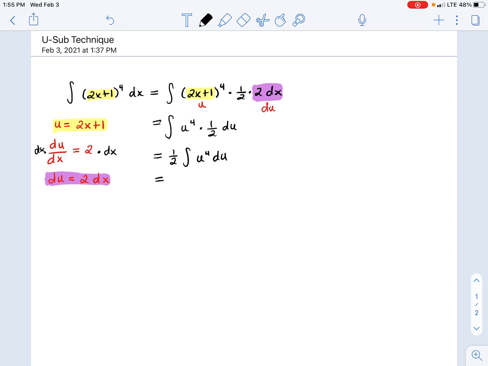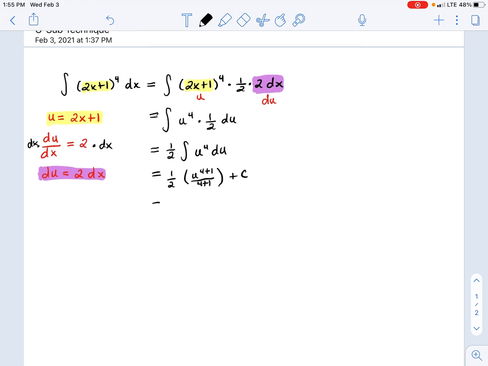Then I'm going to integrate u to the fourth using the rules that we know: add 1 to the power, divide by that same power, and add a c. Simplifying, I get 1/2 u to the fifth divided by 5 plus c, and multiplying across, I have u to the fifth divided by 10 plus c.